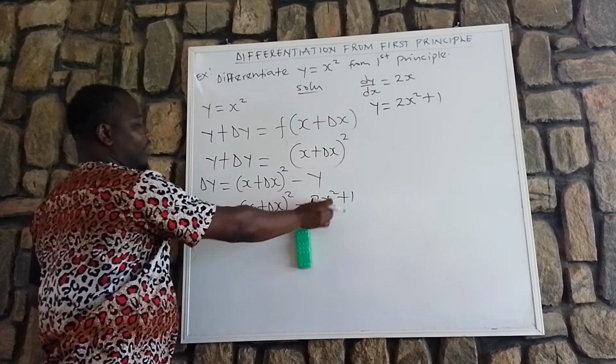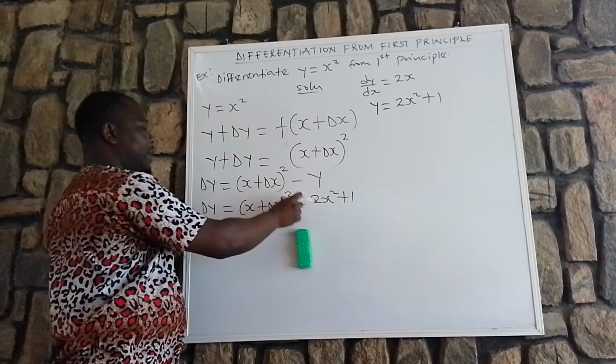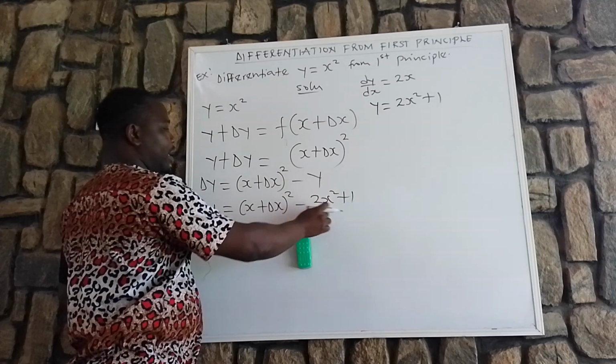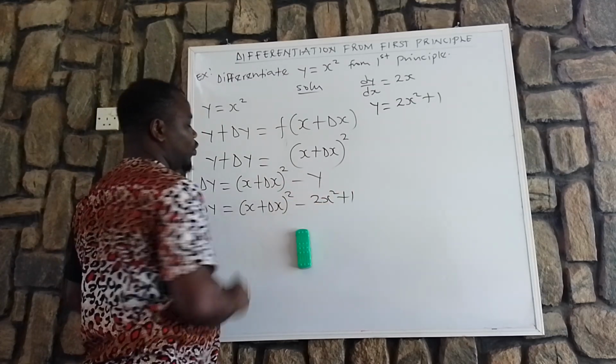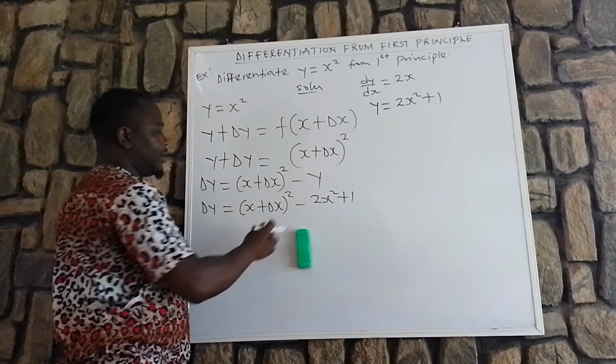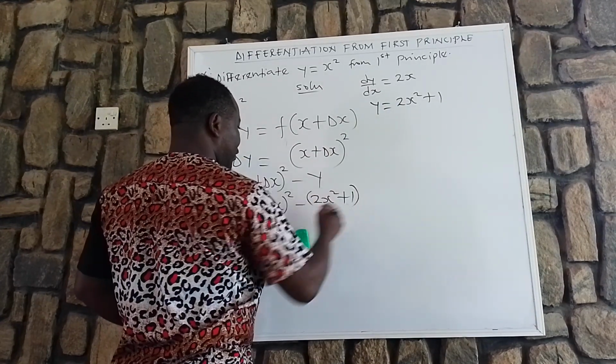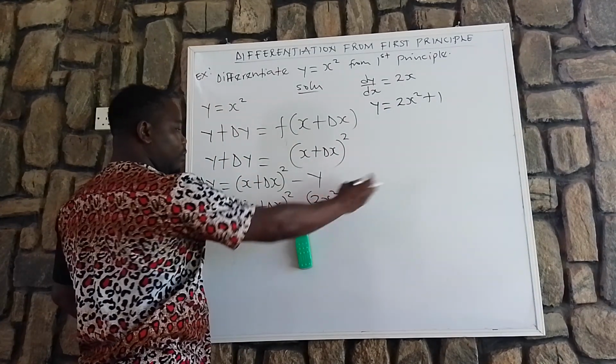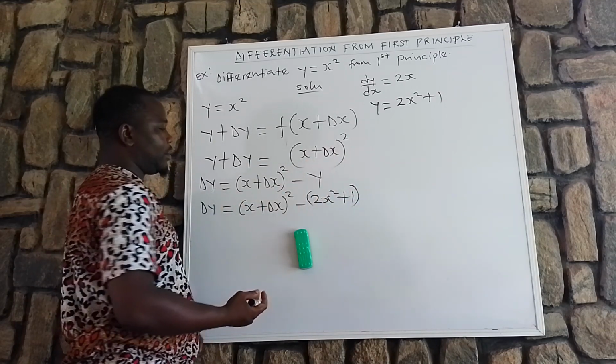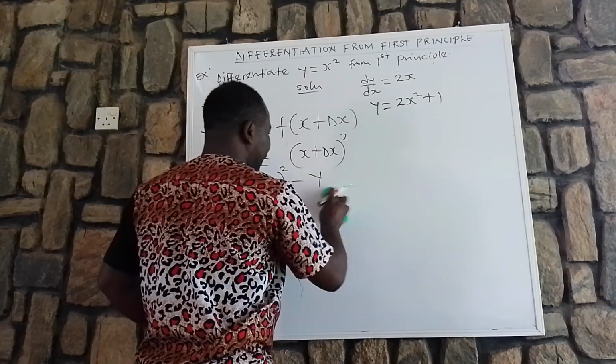And at the end of the day, we won't arrive at the answer. The minus is supposed to affect 2x squared and this plus 1. It's because of that we are putting the bracket. So supposing it is this, you are going to write the bracket this way, then you use the minus to multiply out. You have the right answer.